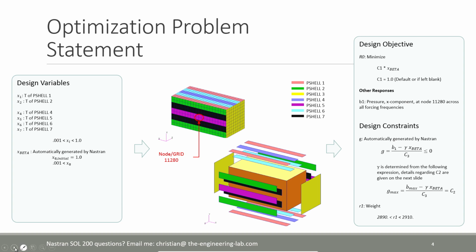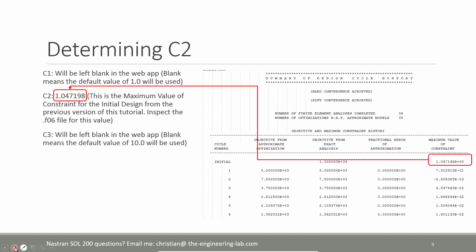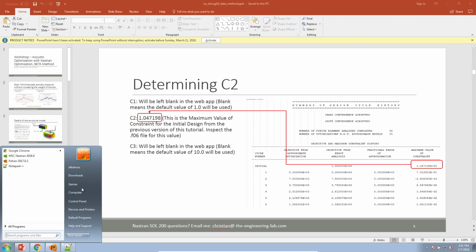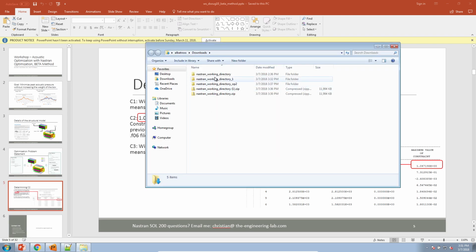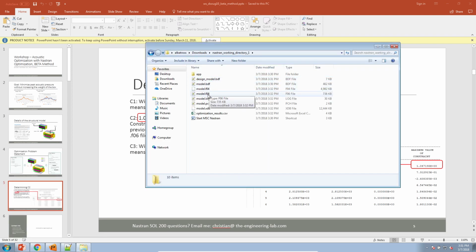So now let's go ahead and talk about how to obtain this initial term. You're going to need this term from the previous example. So here, let's go ahead and get that term right now. Here's the set of files from my previous example.